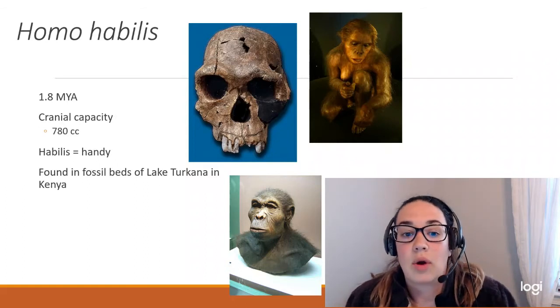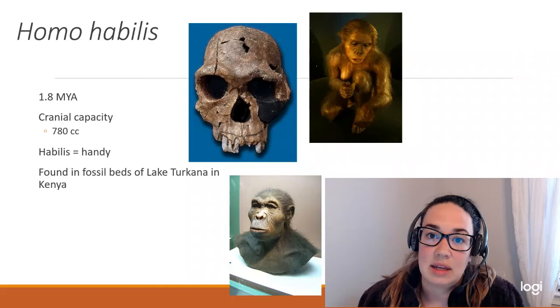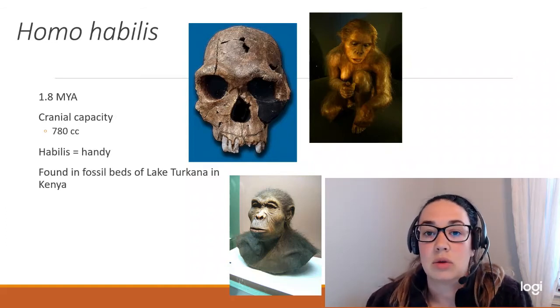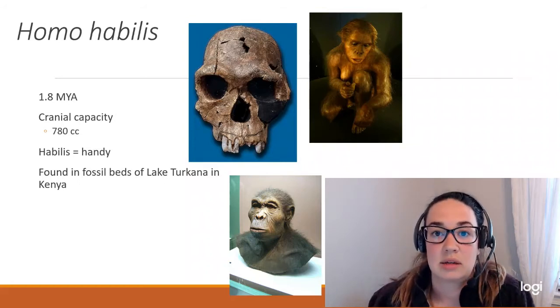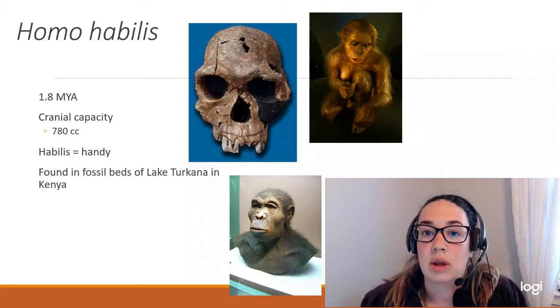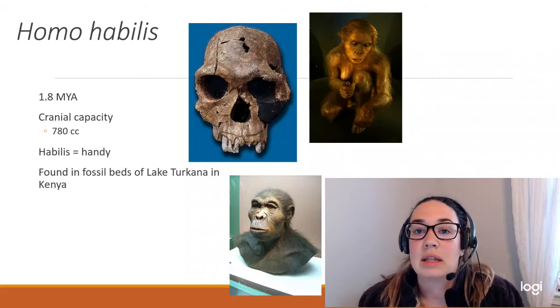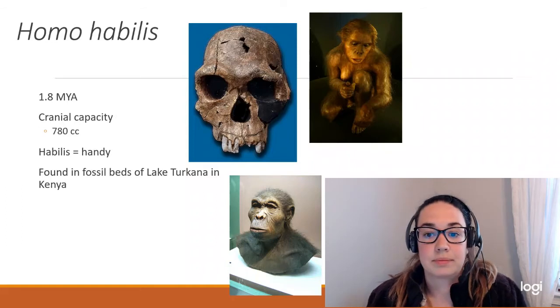And so habilis means handy, and so now we see these ancestors being really useful and creative with their hands, creating tools and using their hands in new and unique ways. So this particular species, the fossils were found in fossil beds of Lake Turkana, and this is in Kenya in Africa.